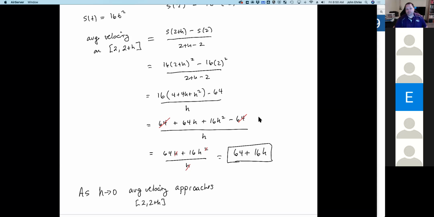What do y'all think? If I let h approach 0, so I'm letting h get smaller and smaller, that makes the interval smaller, right? If h is 0.1, we're going from 2 to 2.1. If h is 0.01, we're going from 2 to 2.01. So as h approaches 0, the average velocity approaches what value?